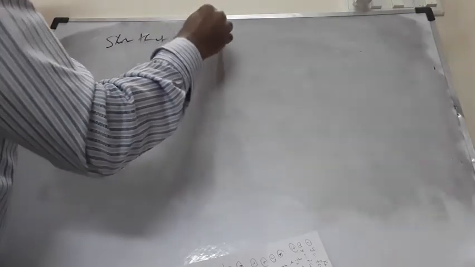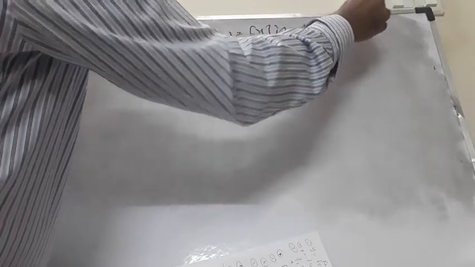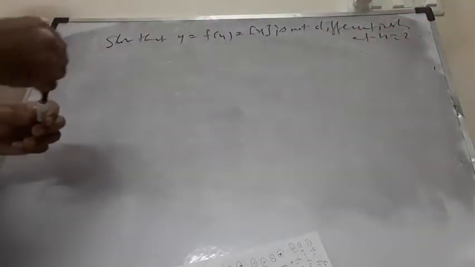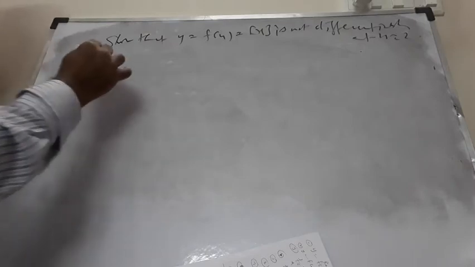An easier case. Show that y equal to f of x equal to box x is not differentiable at x equal to 2, let us say. Just listen carefully. I will use an easy method over here.